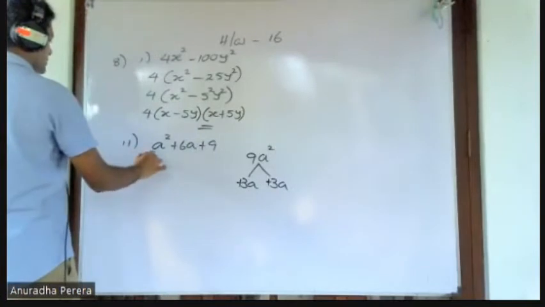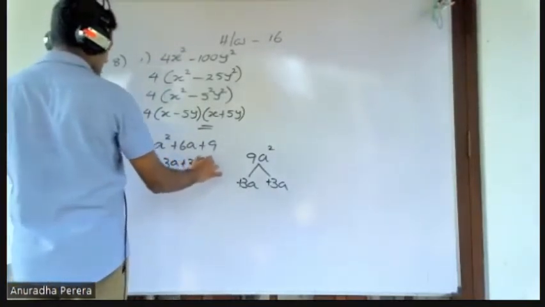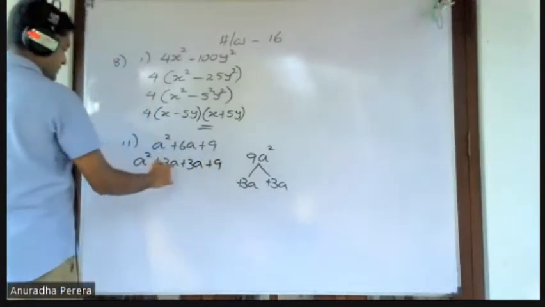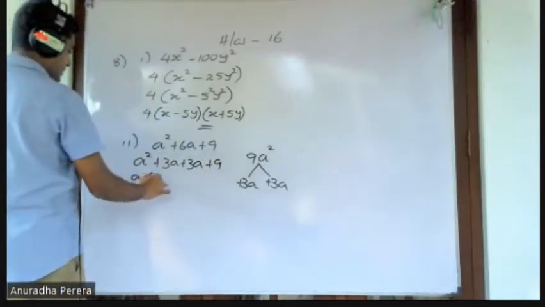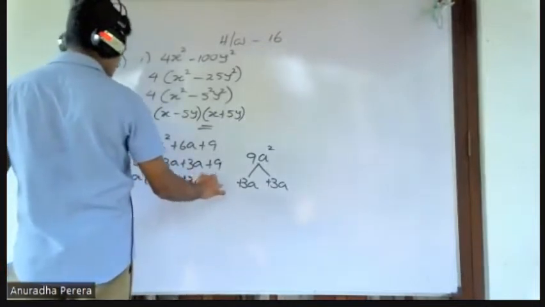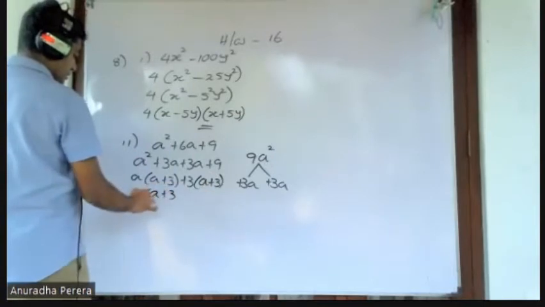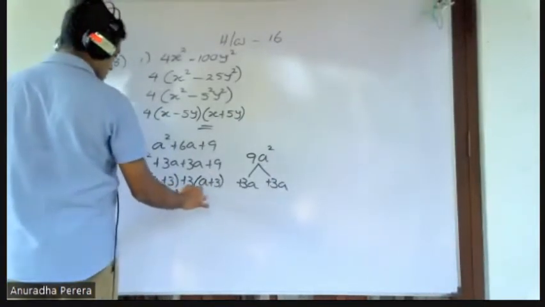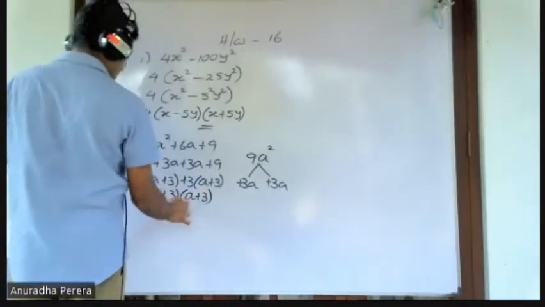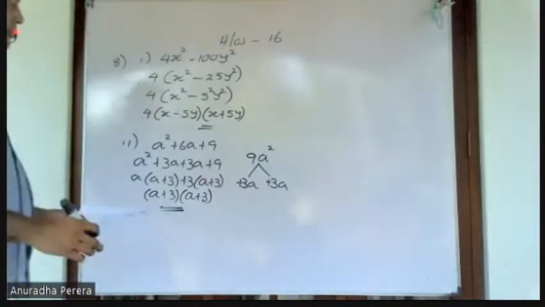Two factors for the middle term: a squared plus 3a plus 3a plus 9. Consider the first two terms, a is common, a plus 3. Consider the second two terms, 3 is common, a plus 3. So a plus 3, a plus 3.